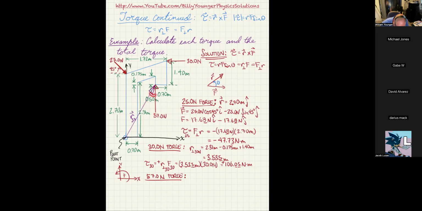To do that, I would need that angle. I know that this angle is the same as that angle because this force I already told you was vertical, and this one is meant to be vertical. So this angle and this angle are the same.